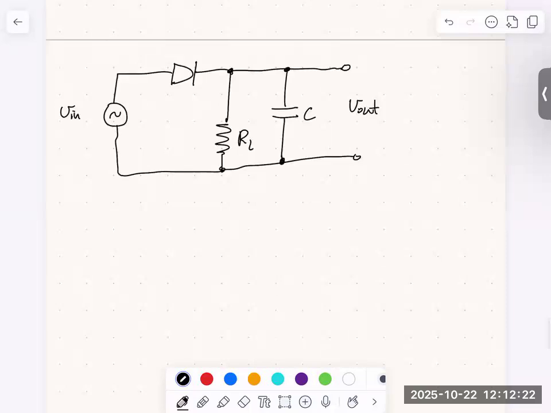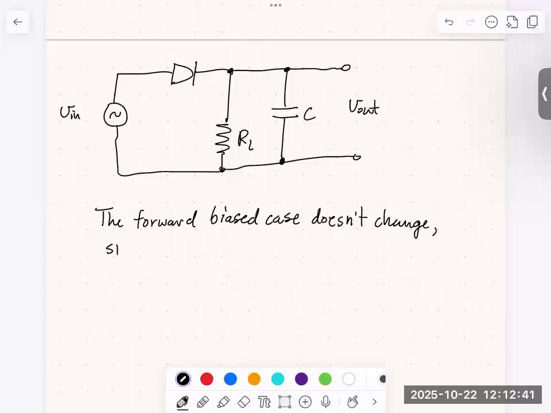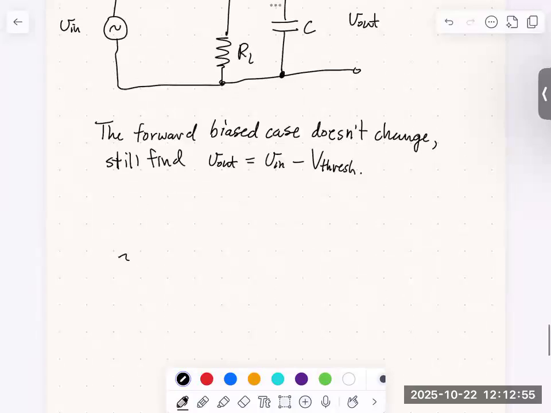So we'll start with the forward bias case. The forward biased case doesn't change really. We still find V out is equal to V in minus this threshold voltage. So let's draw the circuit.